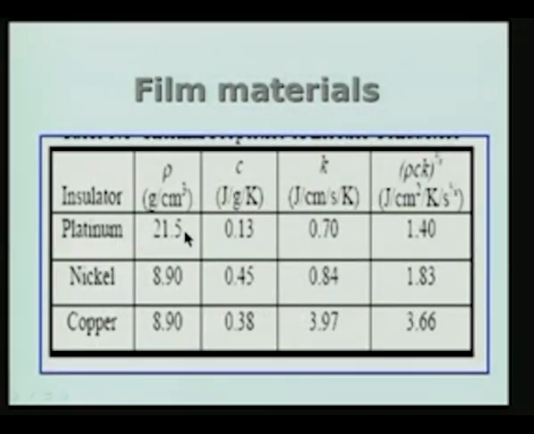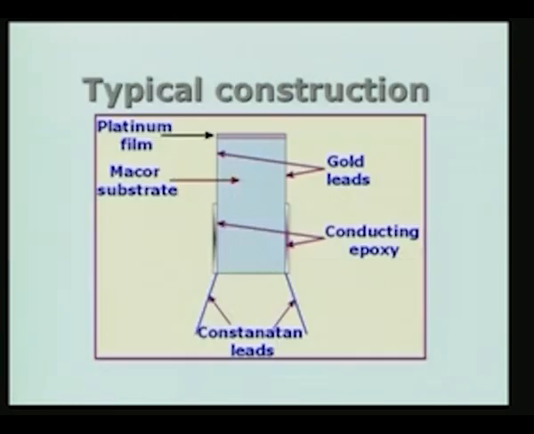Platinum is a very useful material, because we have already seen that platinum is used as the resistance of RTD material, and its properties are very well known and so on. So, platinum film sensors are used in practice.